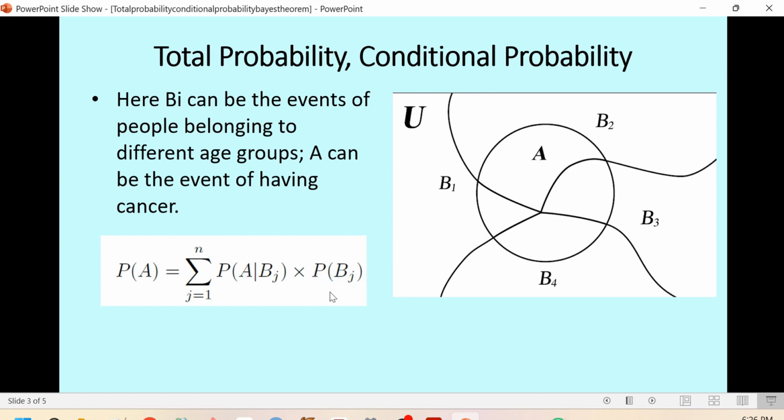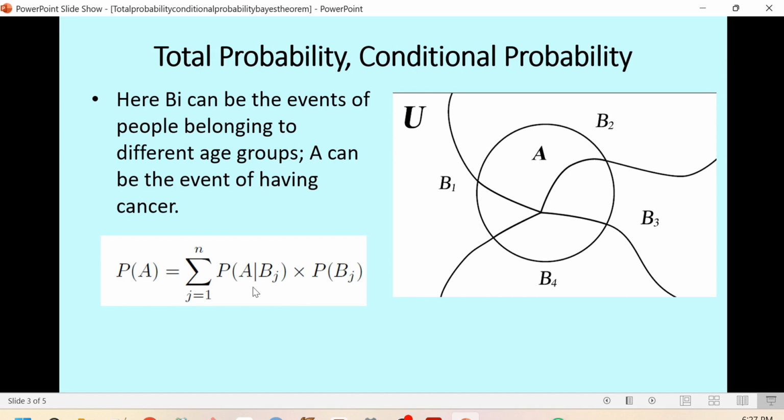So here we use the probability of people belonging to Bj, times the probability of having cancer given this group. For example, this is 0.1, B2 is 0.2, B3 is 0.3, and B4 is 0.4. Then we use this probability times the probability of people having cancer in each age group.